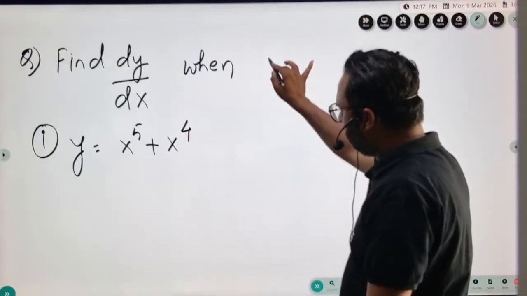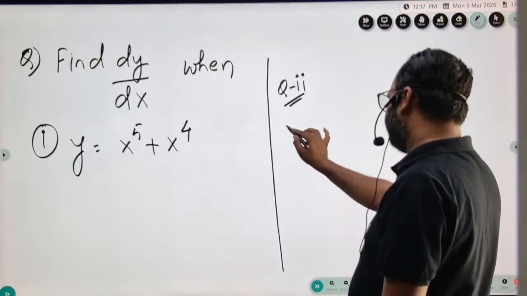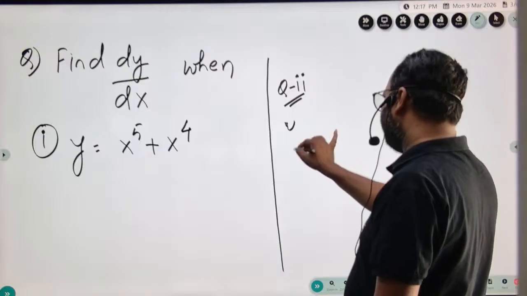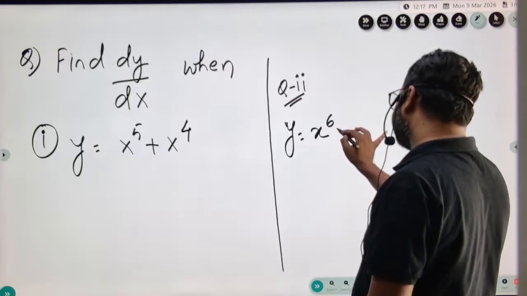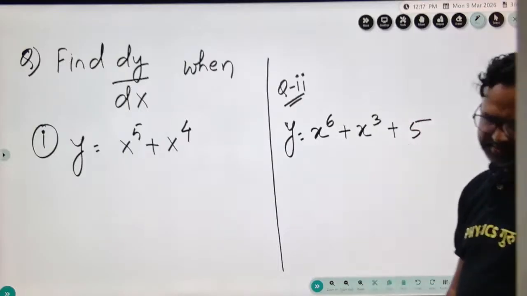Clear? Second, if I give you a question like this, y is equal to x to the power 6 plus x to the power 3 plus 5. These two.